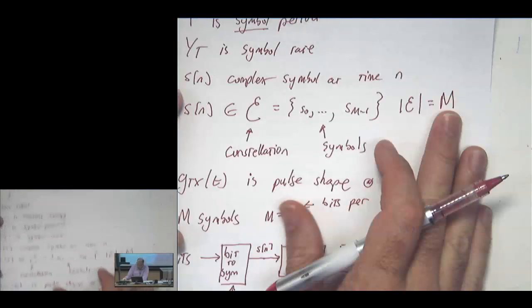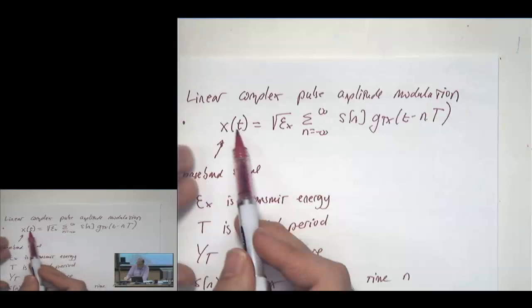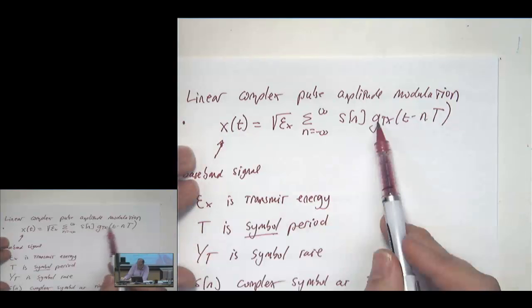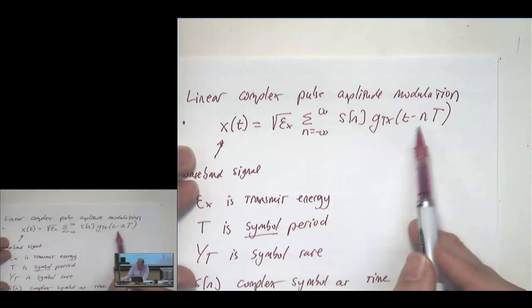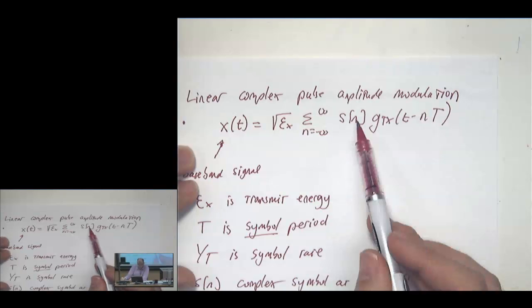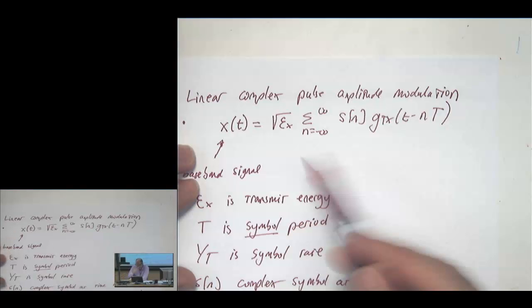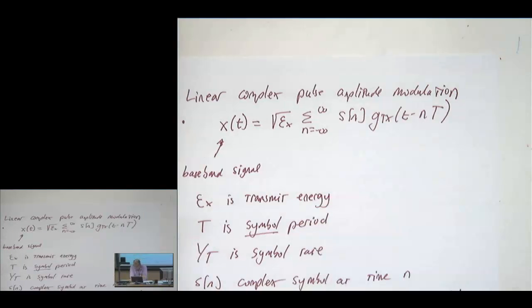But anyway, the main thing here is that we are going to generate baseband signals by taking pulses, shifting them in time, and multiplying each of them by a complex number that comes from the symbol. And that's how we create our band-limited baseband waveform.